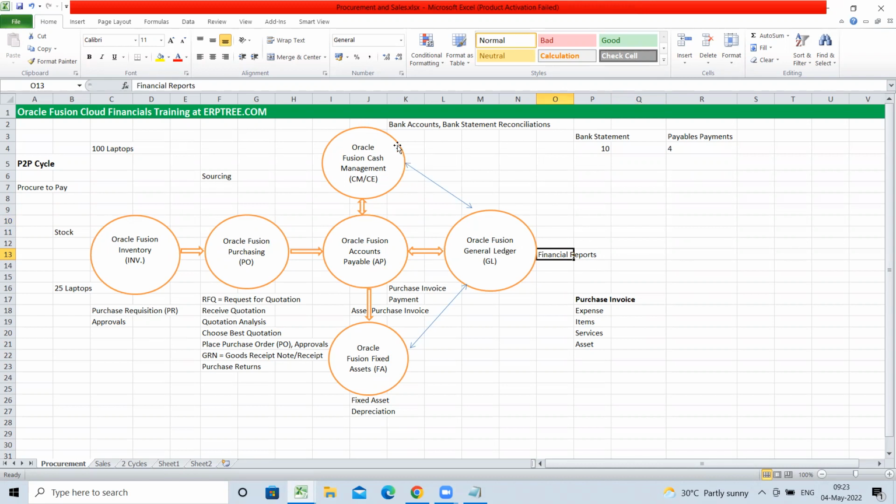You will be recording the transactions in EBS only across all the applications. Finally, data goes to Fusion Financial Reporting Studio, where you can prepare the reports. Hyperion financial reports you can prepare in the Fusion application, and the rest of your applications will be managed within EBS only.